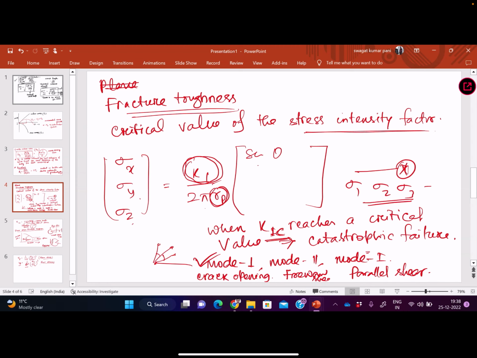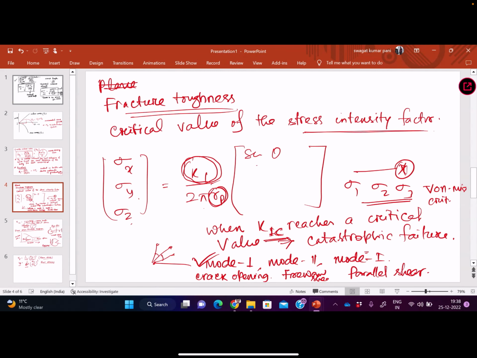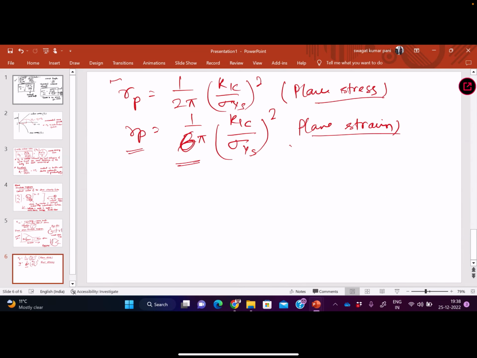Then you have to apply the von Mises criterion. Then you will get these relations. I'm not going into that because that is not required for GATE. If you go for higher studies, you will know these things. So these things you remember: the plastic zone size for plane strain and plane stress.